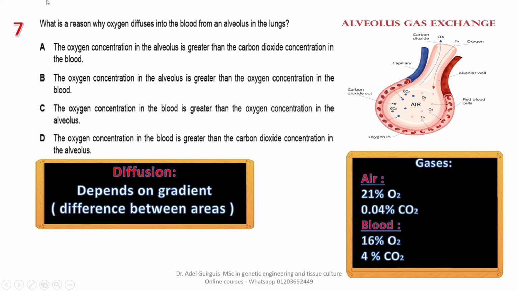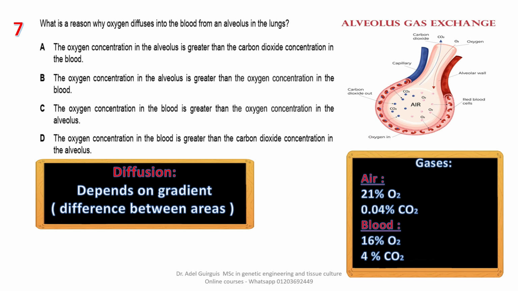Letter A, the oxygen concentration in the alveolus is greater than the carbon dioxide concentration in the blood. In this statement, he compared two different gases, oxygen and carbon dioxide. This is nonsense when we deal with diffusion, which concerns the same gas.